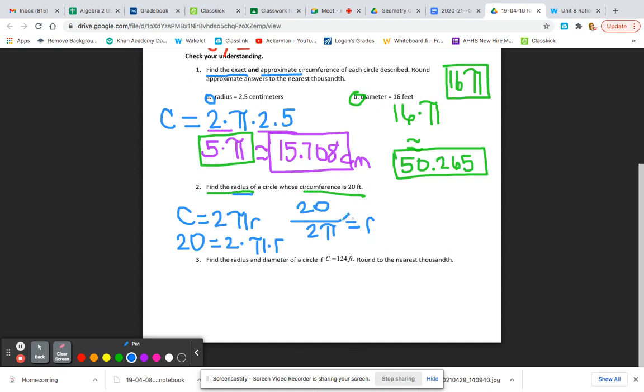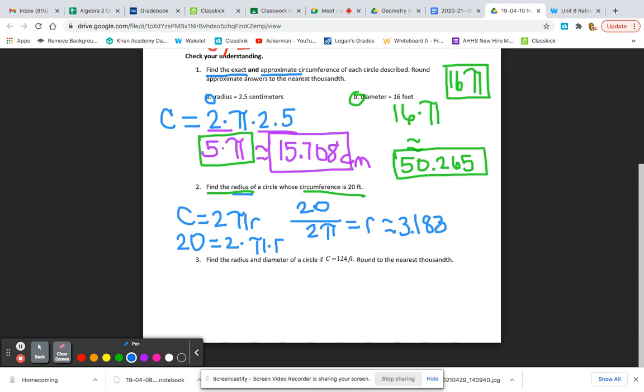So again, we had 20 divided by 2 was 10, and then 10 divided by that pi. r is roughly 3.183. Okay, so that would be the radius for a circumference of a circle that was 20.